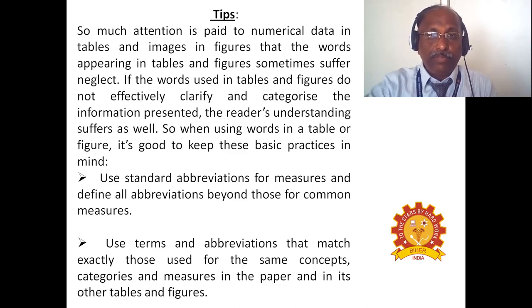Use standard abbreviations for measures and define all observations beyond those for common measures. Use terms and abbreviations that match exactly those used for the same concepts, categories, and measures in the paper and in other tables and figures.